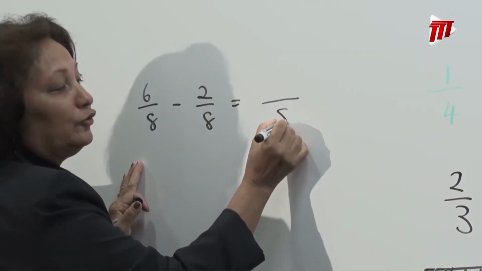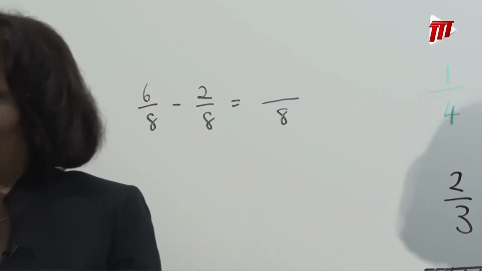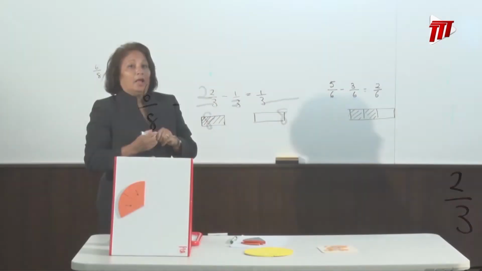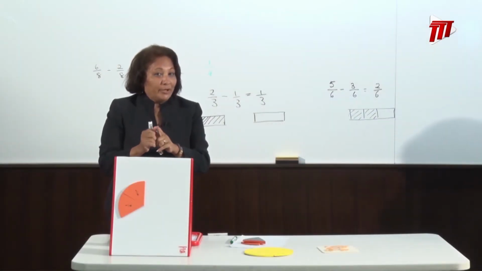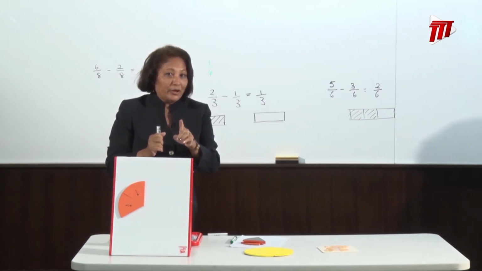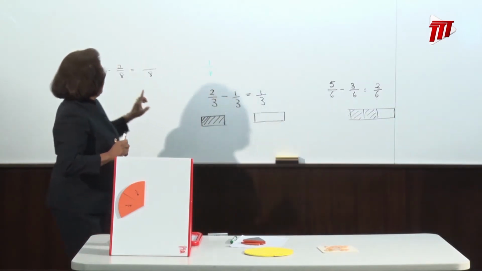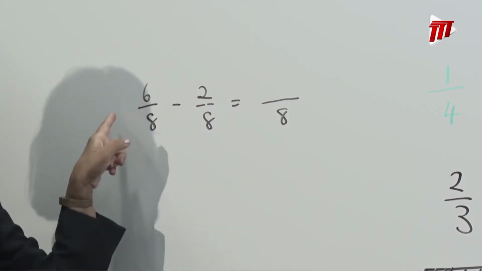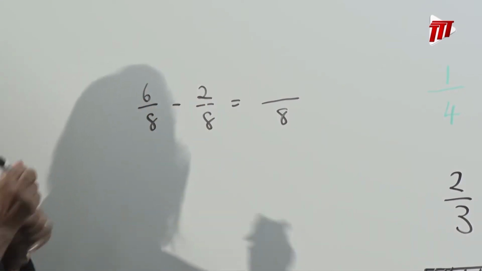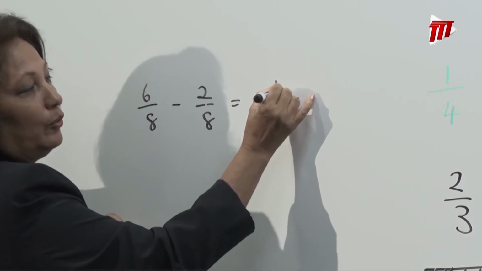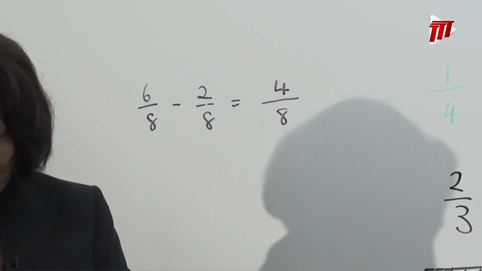So you expect that your answer would be some number of 8s. All right? That takes care of the denominator. Remember what we said about the numerator? The numerator would be the difference between these two. So 6 minus 2 would give me 4.